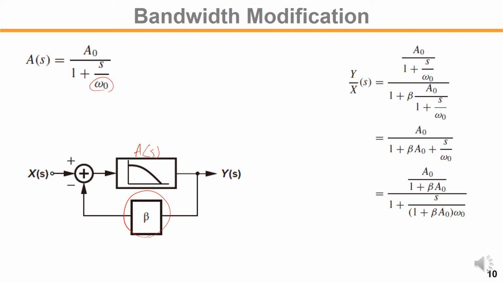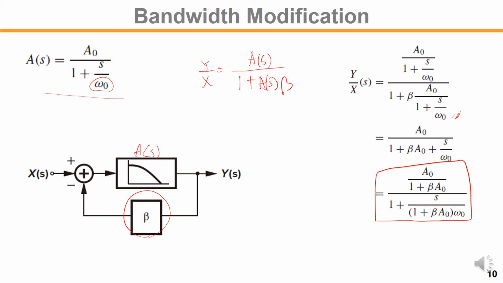So the overall gain would be y over x equal to forward gain A(s) over 1 plus A(s) times beta. We plug in A(s) with the left hand side equation, then you get this equation. You simplify that to get the overall response.